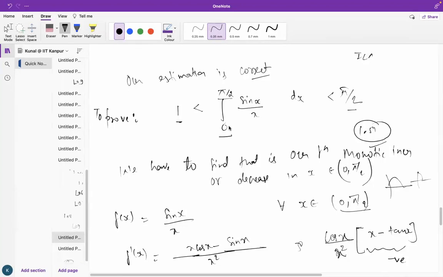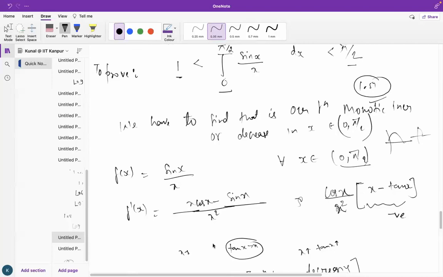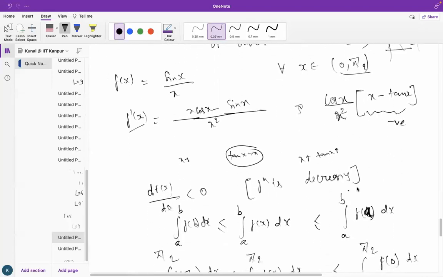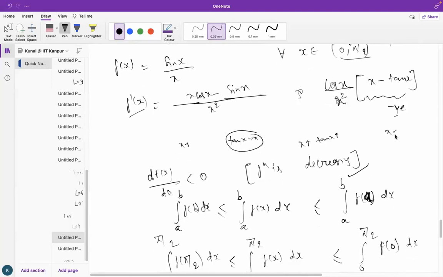So the first step is to find whether our function is decreasing or increasing in the given region of x. So we get that our function is decreasing. Why? Because f dash x is less than 0. That means decreasing, since minus x is negative, right? So it will be decreasing.